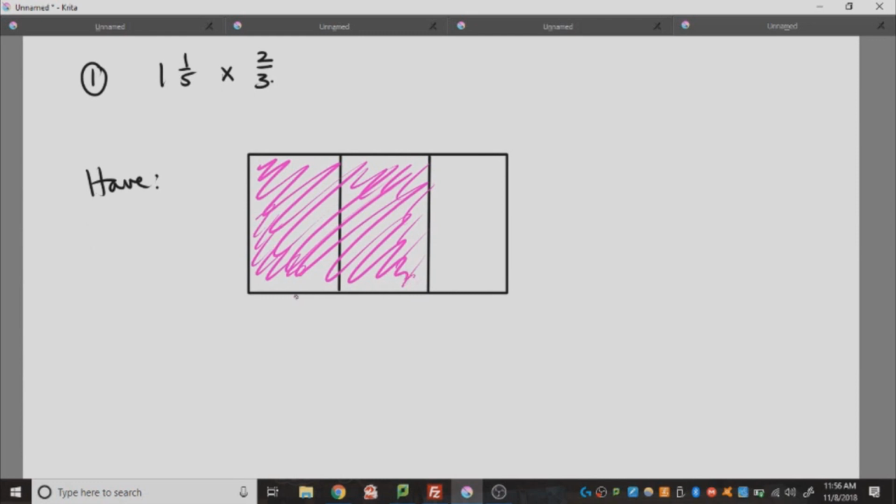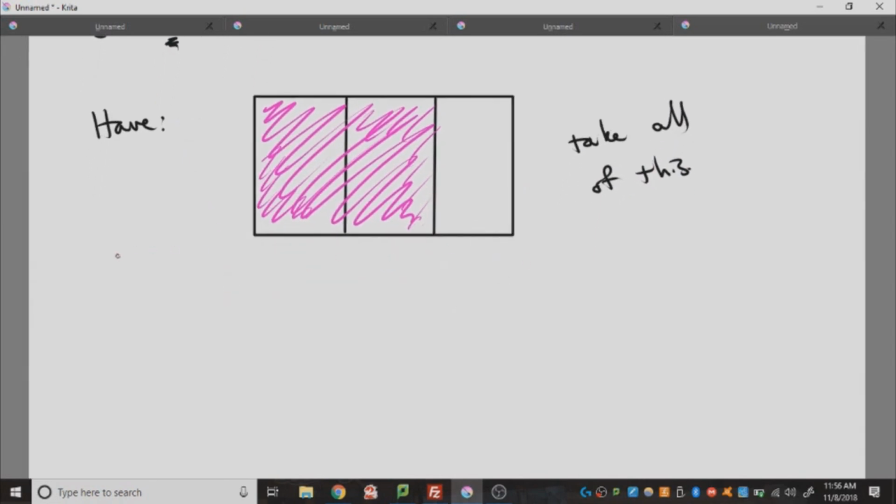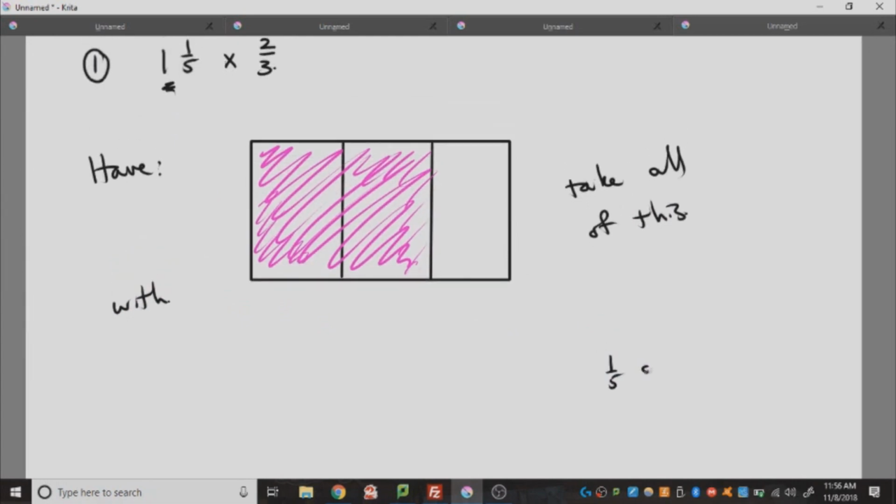So, now one way to do it is to say, well, we can take all of this to account for the 1, and then with another 1/5 of the 2/3.